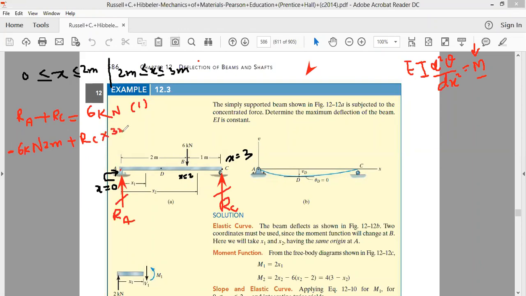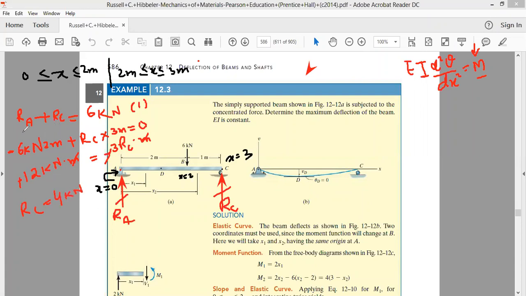This has to be equal to 0. So minus 12 kilonewton meter is equal to minus 3 times RC meter. Meter and meter cancel, minus and minus cancel, so RC becomes equal to 4 kilonewton.